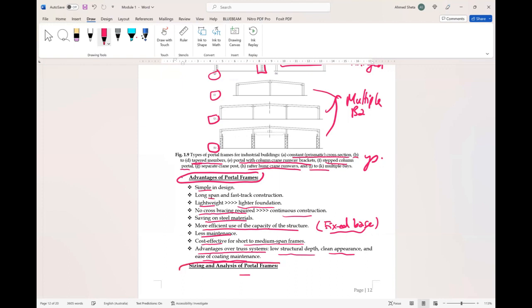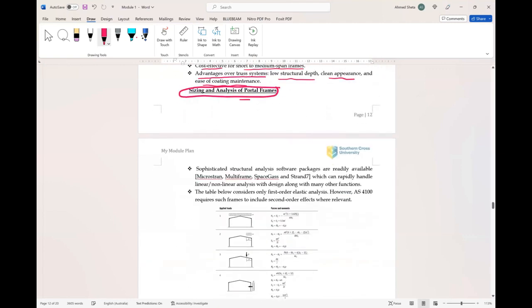The second point of portal frame is sizing and analysis of portal frame. There are some sophisticated structural software packages already available, like MicroStran, Multiframe, Space Gass, and Flan 7, ready to use for steel structure or portal frame, which can rapidly handle linear and non-linear analysis with design along with many functions.